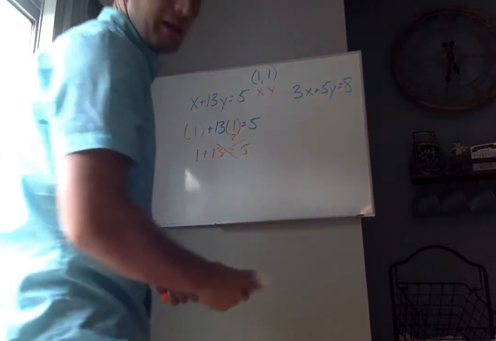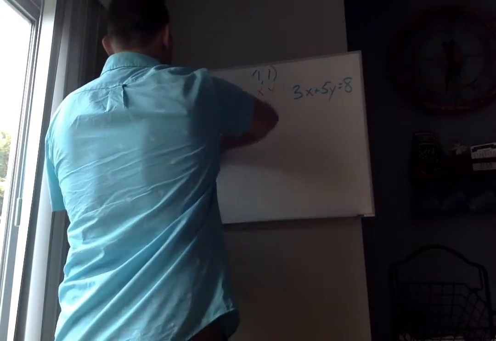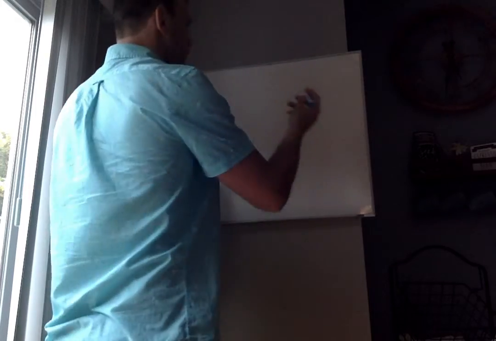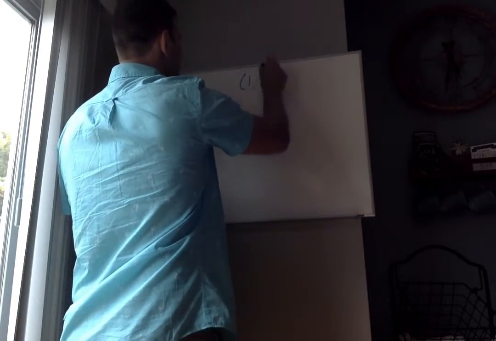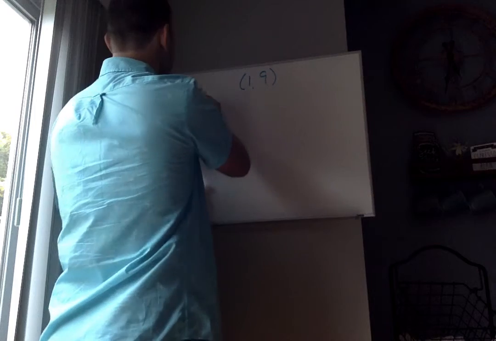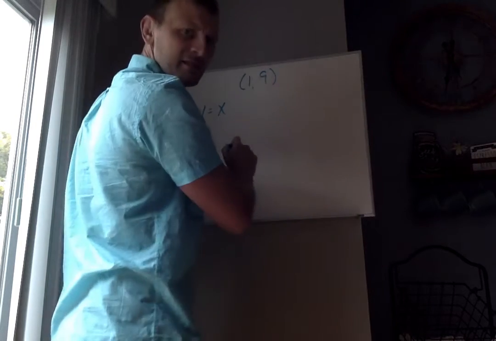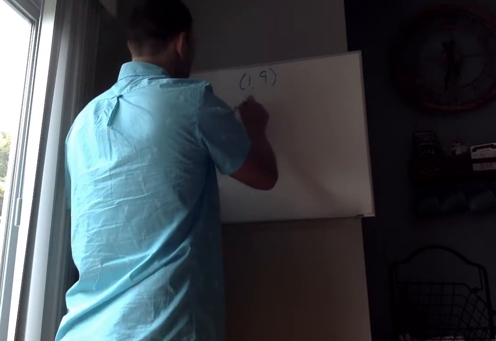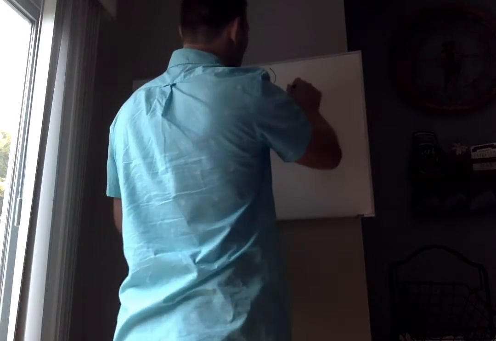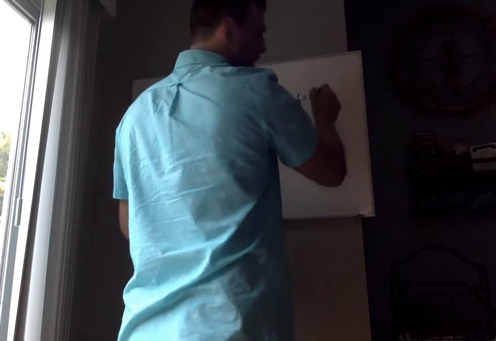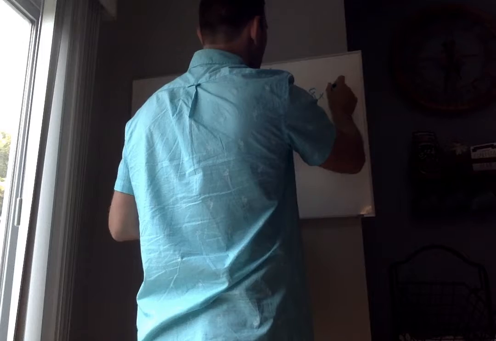All right, the next problem I got is the point (1, 9). The first equation is y equals x plus 6, and the second equation is y equals 8x plus 4.